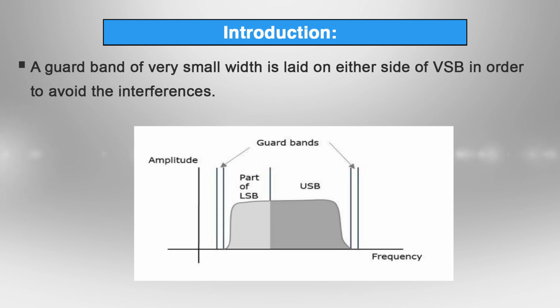A guard band of very small width is laid on the other side of VSB in order to avoid interference. From this figure, it is clear that there is a guard band after the upper sideband and vestigial sideband which avoids interference.